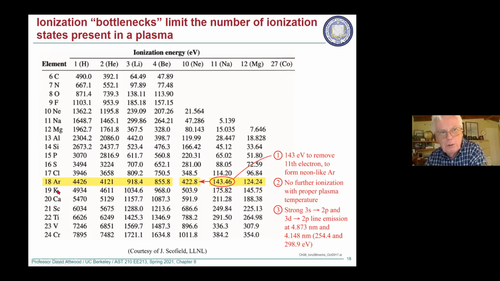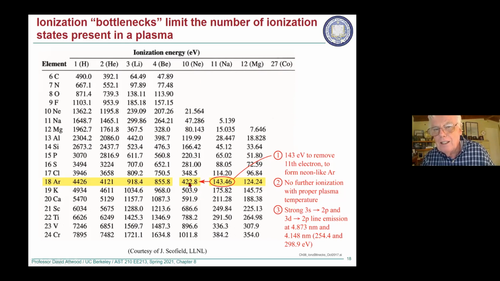Because we're looking at argon, let me look at neon-like. This is neon-like, meaning that any of the atoms in this column, this is the energy to remove an electron when the ion has 10 electrons. So this is for argon with 10 electrons. This is the energy required to remove one of those 10 electrons.